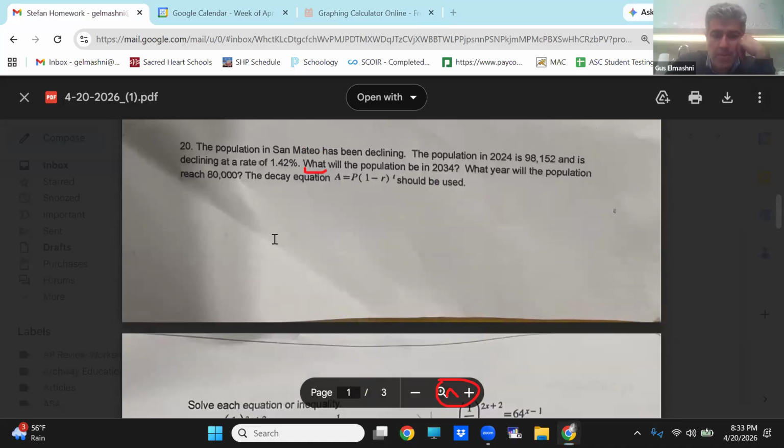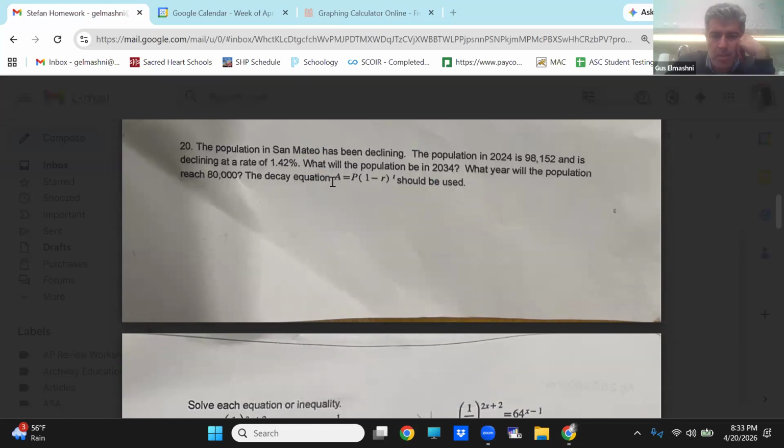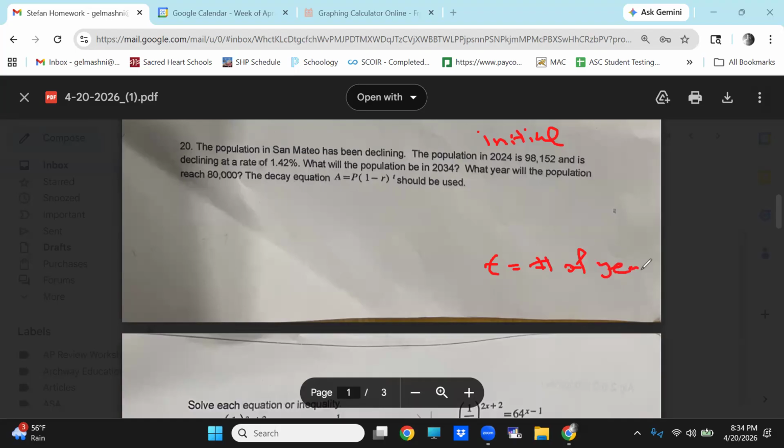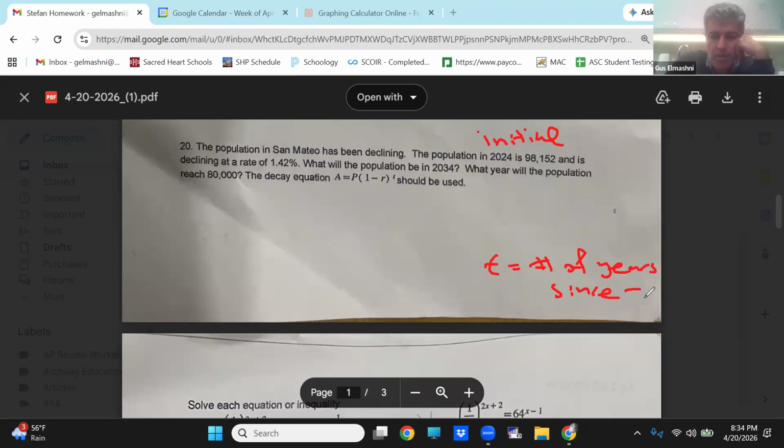All right, so the population of San Mateo has been declining. In 2024, that declining rate is 1.42%. What will be the population? So initially, we'll say this is initial. T represents the number of years since 2024.